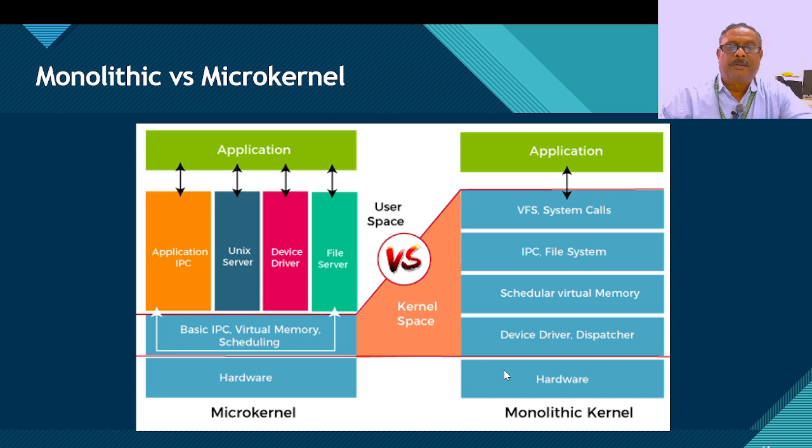This figure depicts the difference between a monolithic kernel and a microkernel. We have hardware at the bottom, and then the blue one is talking about the privileged mode. In the monolithic kernel, the device driver, dispatcher, scheduler, IPC, and file system calls all come under the privileged mode.